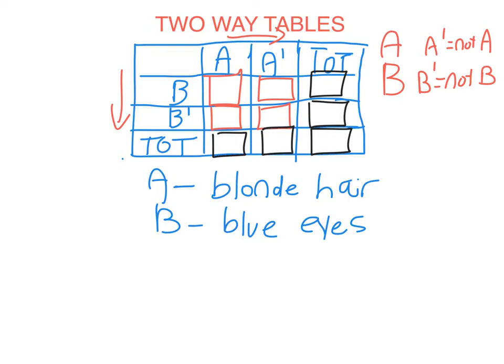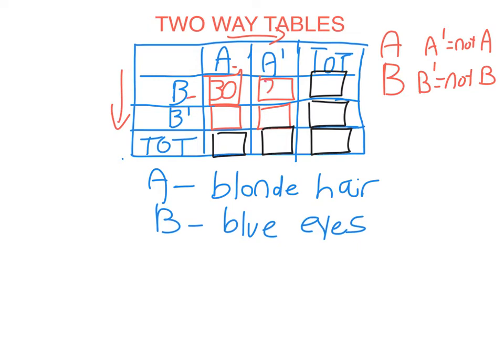And because it displays that information in an easy way to see and understand, we'll be able to answer probability questions quite easily. Let's say I put the number 30 here. That means this cell means there were 30 students in category A and also in category B. So these would be the students that have both blonde hair and blue eyes.